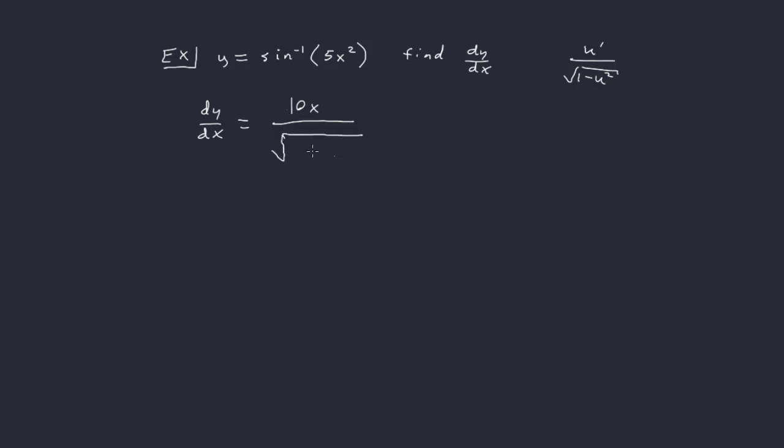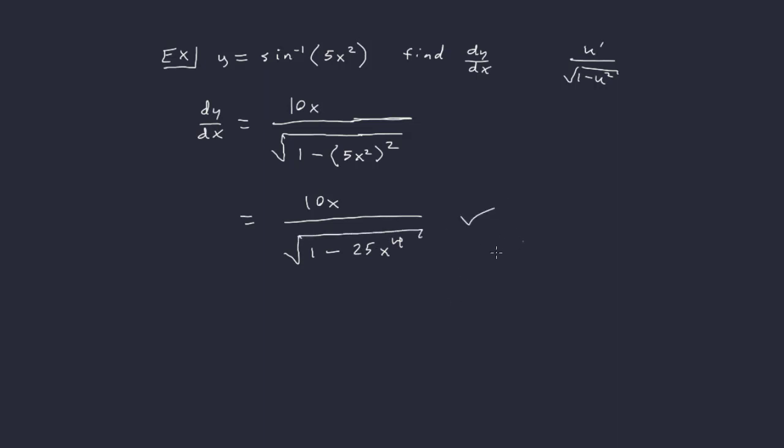So it'll be the derivative of the stuff, 10x, over the square root of 1 minus the stuff squared. Be careful here, this is all this stuff squared. We could just leave it like that, or if we were feeling in a simplifying mood, remember we square everything, so it'll be minus 25x to the 4th. And there we go.